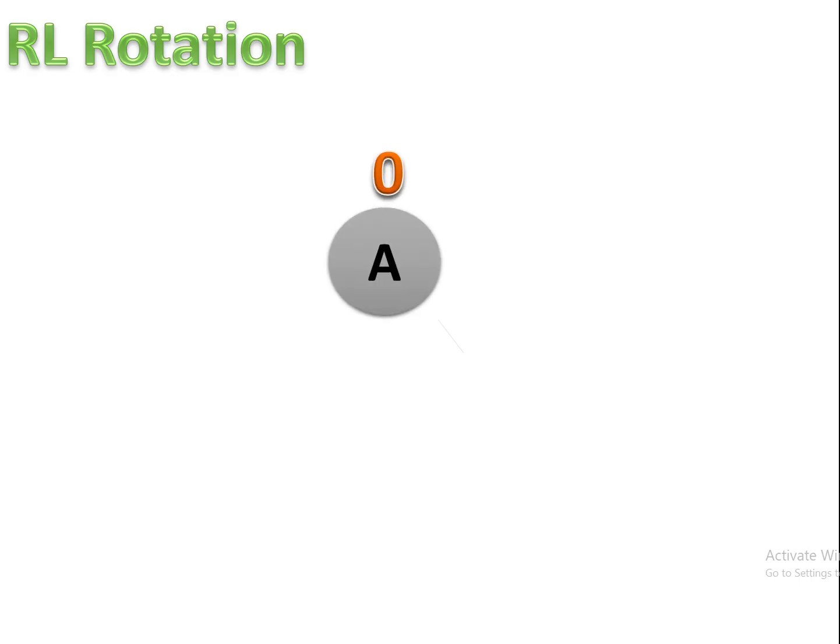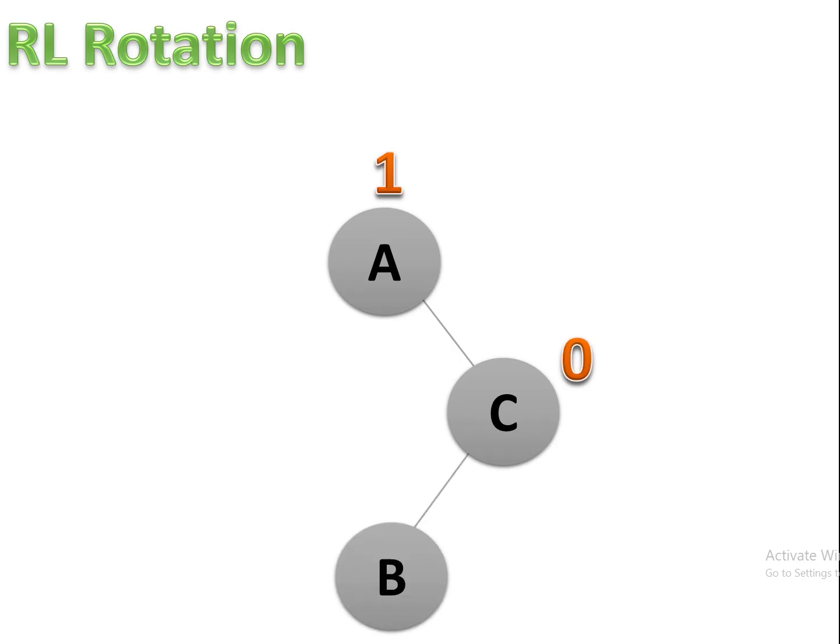Same process for RL rotation. A's balance factor is 0, C's balance factor is 0, and A is 1. Again one more node will be inserted, that is B. Its balance factor is 0, C's balance factor is 1, and A's balance factor is 2. A's balance factor is not among 1, 0, minus 1, so we make the tree balanced.